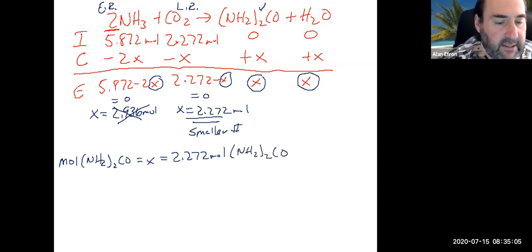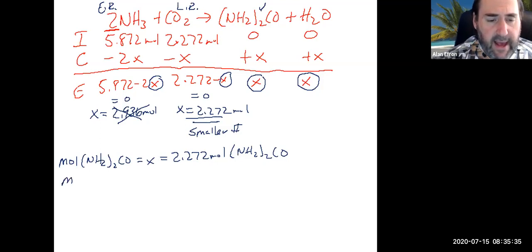We're not interested in just moles, but we want grams really for our theoretical yield, because our actual yield was in grams, so everybody's in the same unit. So the molar mass here of our product would be 2 times 14.01 for the nitrogens, plus 4 times 1.008 for the hydrogens, plus 12.01 for the carbon, and 16 for our oxygen that's there.